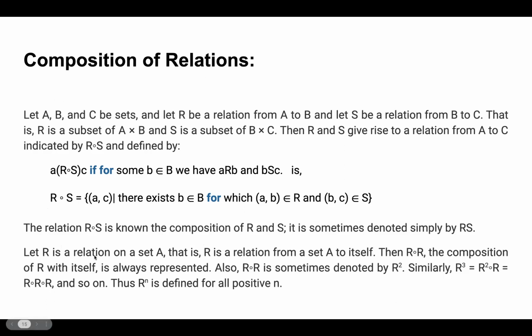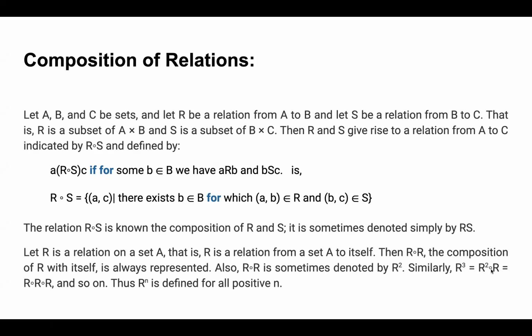Then let R be a relation on set A, that is, R is a relation from set A to itself. A to A relation is there. Then R composite R, the composition of R with itself, is sometimes denoted by R square.